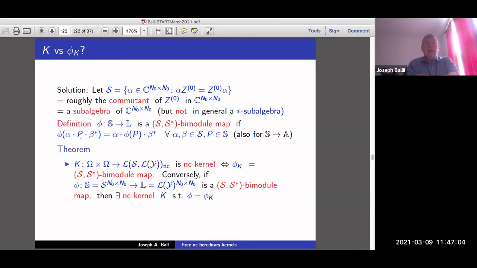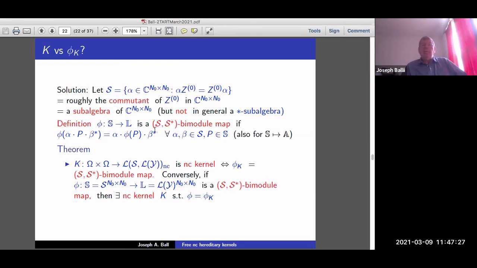Let us say phi from blackboard bold S to blackboard bold L is a bimodule map if this bimodule property holds where alpha and beta are in S. So beta star may not be. So it's an S, S star bimodule map is how we say it.